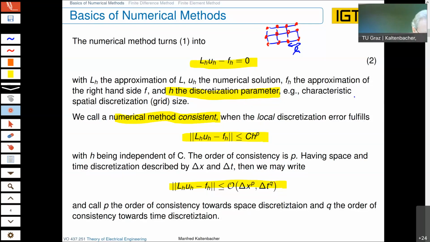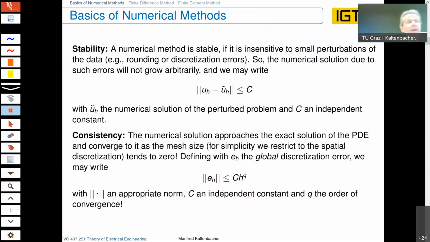That is important. On the other hand, we should also have stability, because we have some perturbation. Since we do a numerical computation, we always can have small perturbations of the data, for example the discretization error or the rounding. You have to round within a computer. You cannot represent a value exactly.